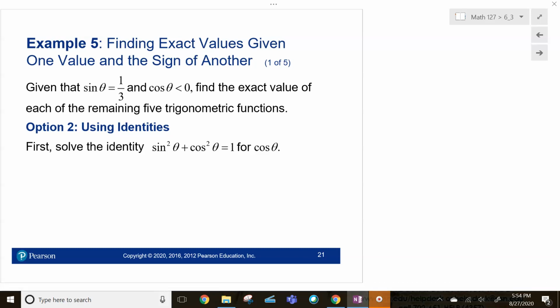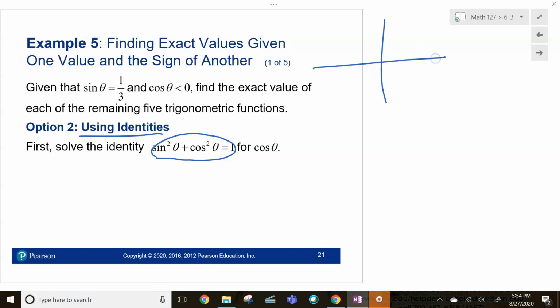So here's the same problem, just a different approach, and you'll be able to see the connections here. So we're going to solve this using the identities. So first of all, I know my little hint here is let's use the Pythagorean formula because I have the sine of theta.